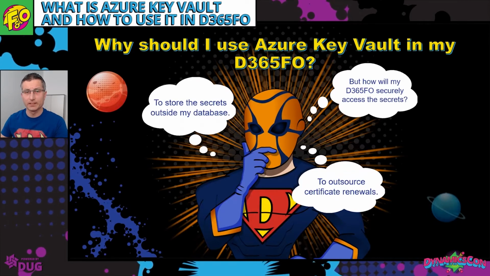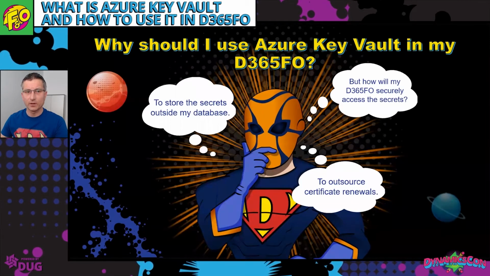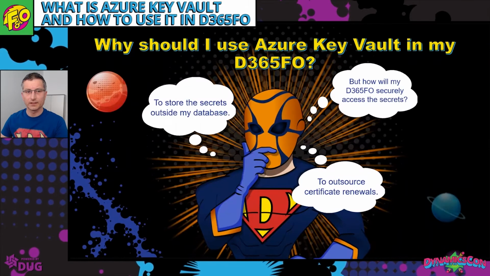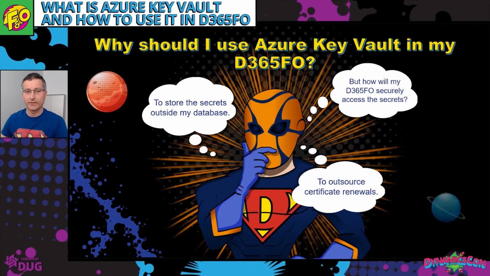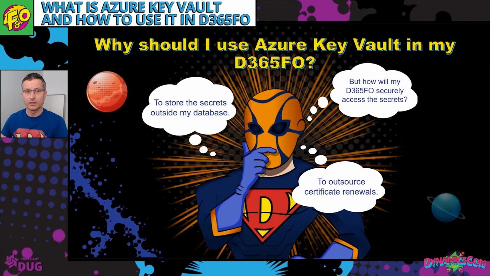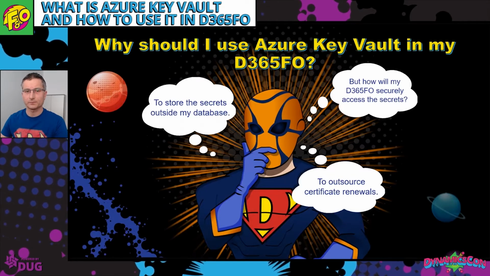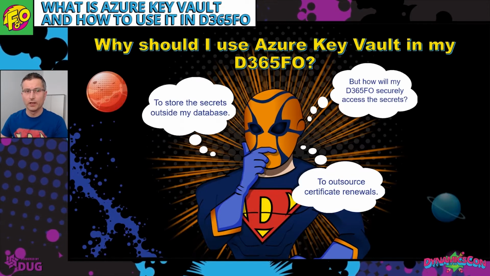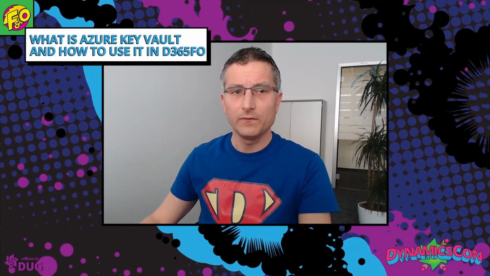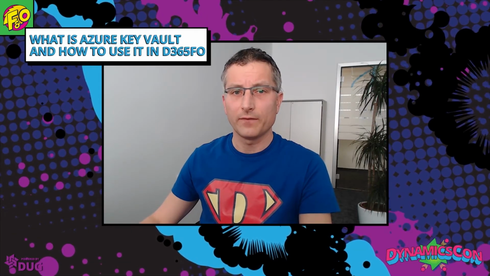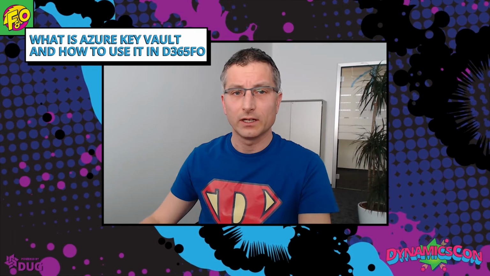Secrets in the F&O database can be encrypted, but it's still possible to read them. And the number of people that actually have access and can do it is not negligible. And they can do it alone and without getting noticed. If we put the secrets in the Key Vault, F&O will still need some credentials in the database to access the Key Vault.